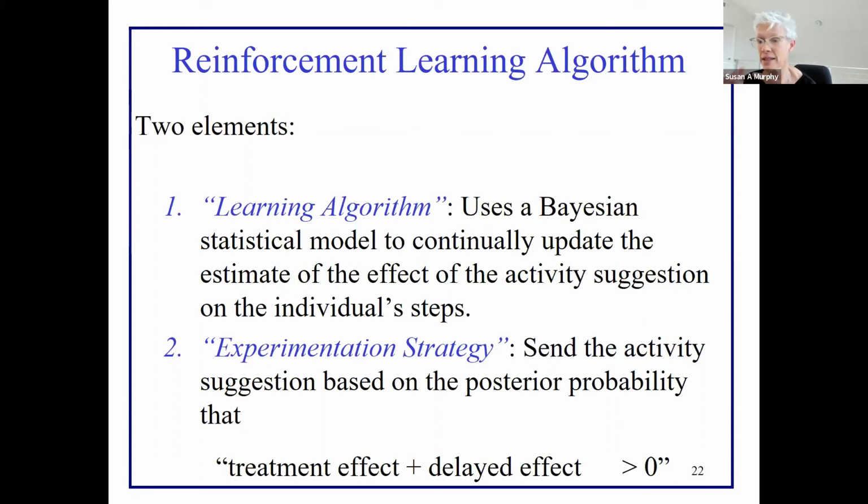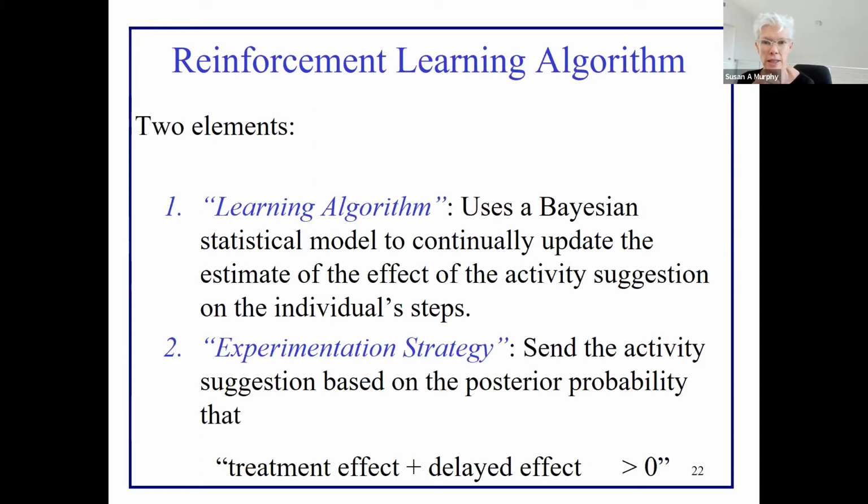This Bayesian analysis allows us to update that model. In the case of HeartSteps, every night we update that model for that user. That's the learning algorithm. That's just a model.